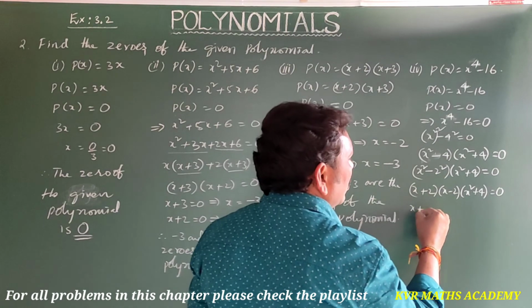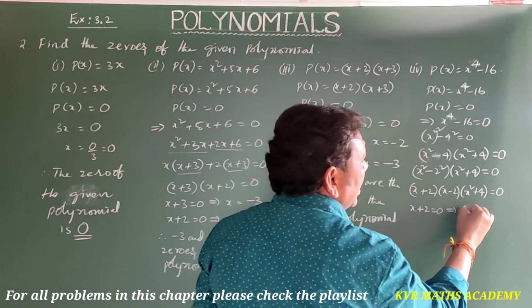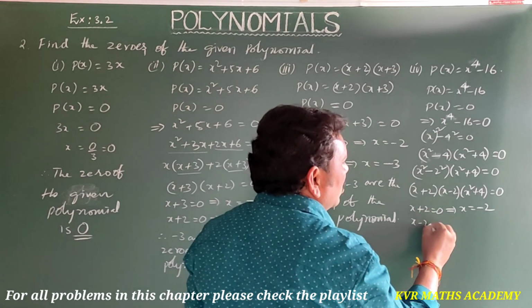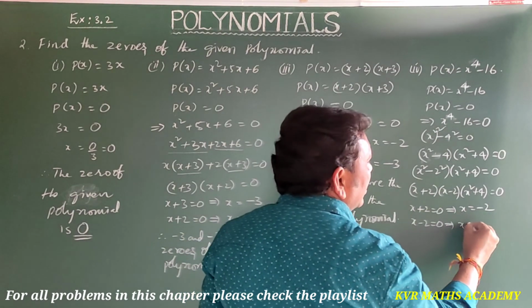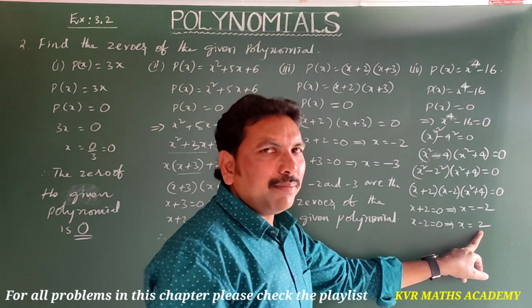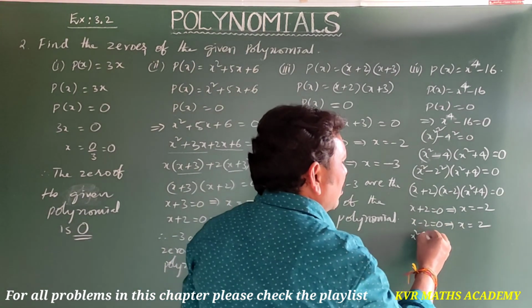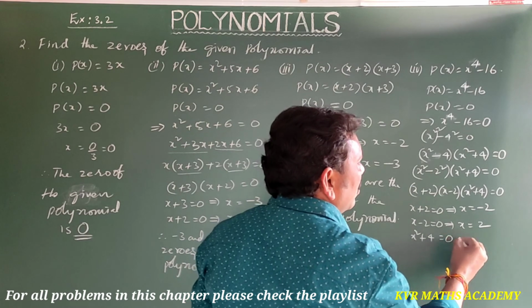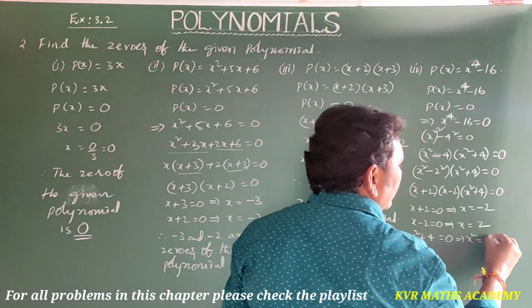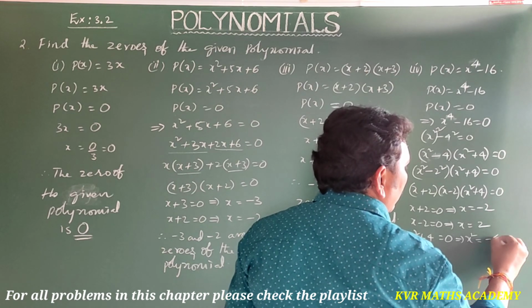Now take x plus 2 is equal to 0. That implies x is equal to minus 2. Now take x minus 2 is equal to 0. That implies x is equal to plus 2 only. Minus 2 transferred to this side will become plus 2. Next, x square plus 4 is equal to 0. That implies x square is equal to minus 4.